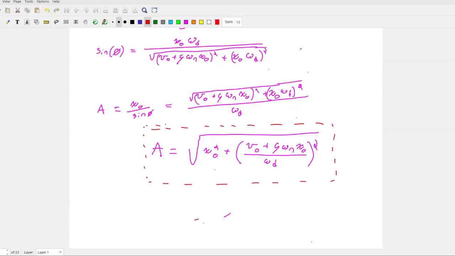And now that will easily allow you to solve in the time domain for an underdamped solution, because we have an expression for x of t, we have an expression for A, we have an expression for phi. And all you need is your v naught and your x naught. So if you know your initial displacement and your initial velocity, you can solve at any moment in time for where your mass is along your defined axes.